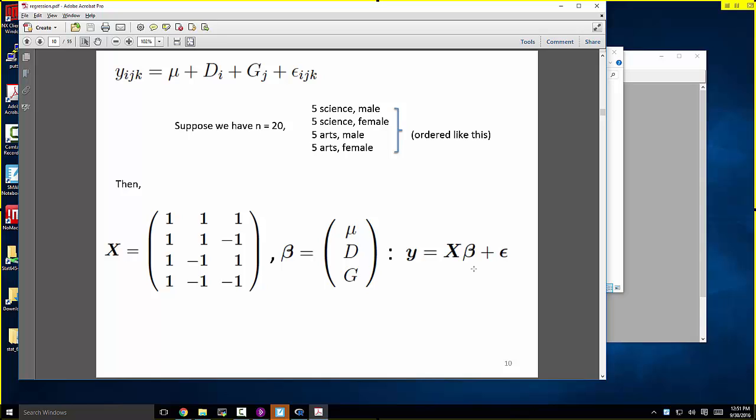Then, if we wanted to test, is there a gender effect or a science effect, we would test the coefficients of this model. Any test about this relationship will translate to tests and inference on the coefficients in the regression model.